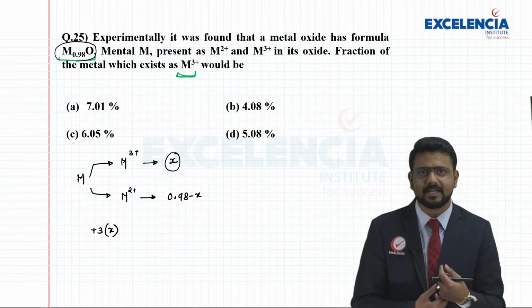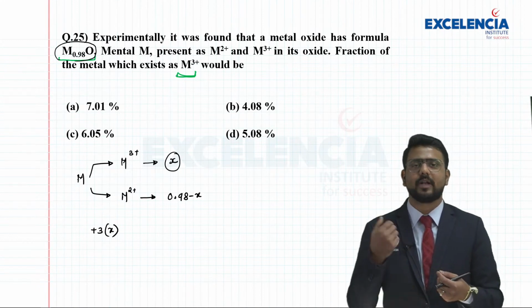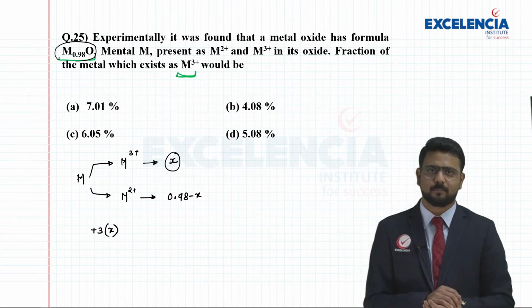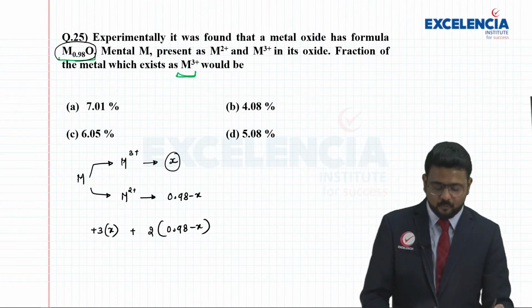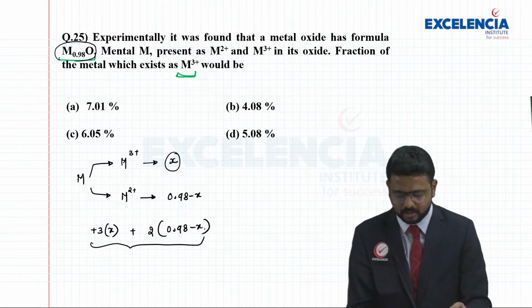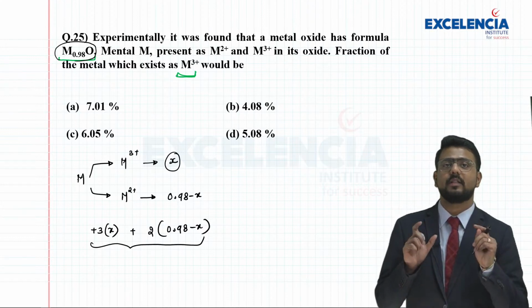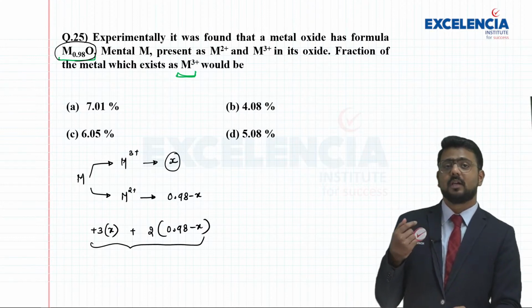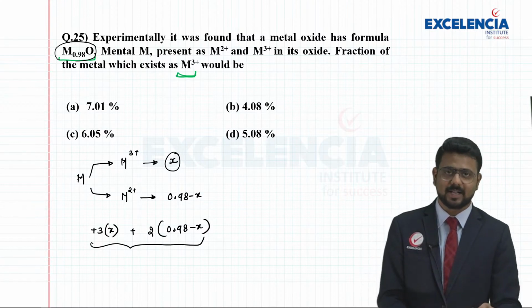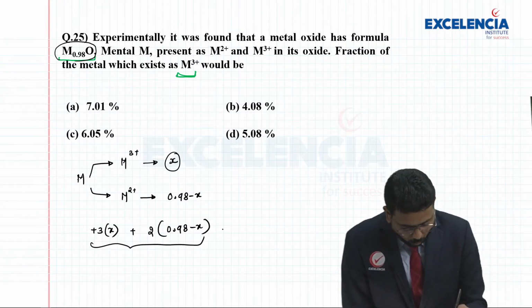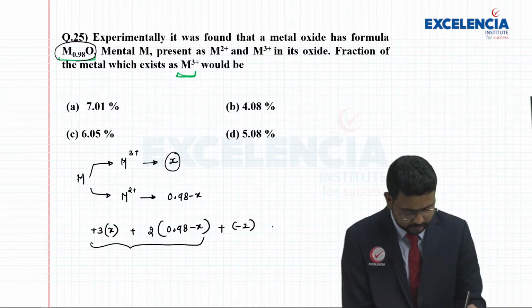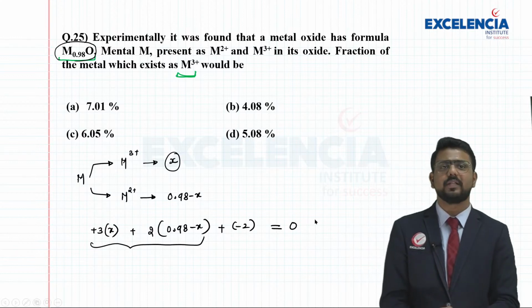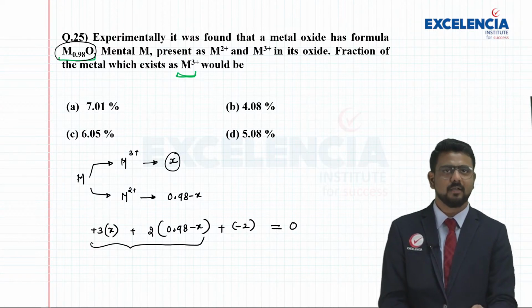So if I say you are having X M3+ ions, the total charge is going to be +3X plus 2 times (0.98 minus X), yes or no? Now we can say that this is the total charge which is present on the metal, including its M3+ and M2+ state as well. Oxygen, we know it is minus 2. So the sum of all these charges should be equal to 0, right?